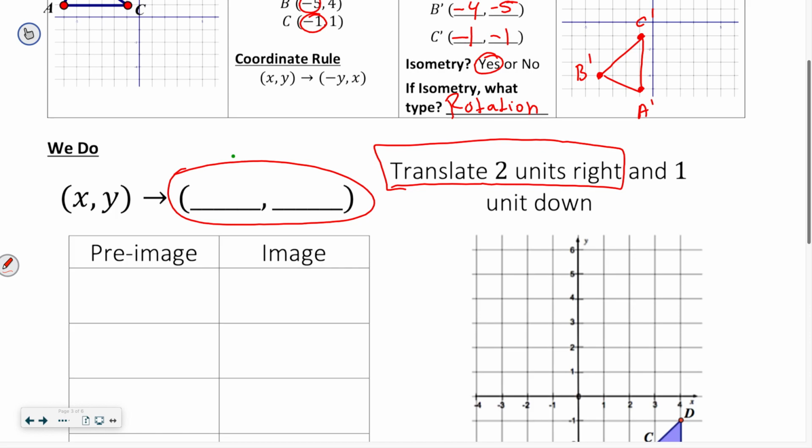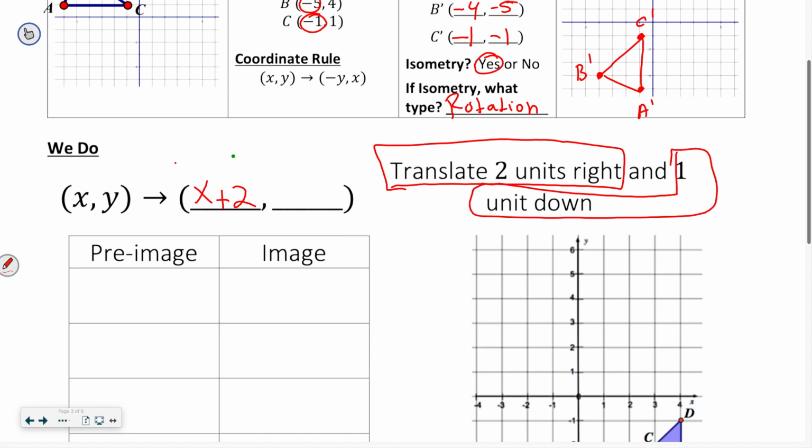If I'm moving to the right or left, x is changing. So that means this is going to say something with x. And if I'm moving to the right, I'm adding. So plus the 2. And now finally, 1 unit down, well, that's the y. And if it's going down, it means I'm subtracting 1.